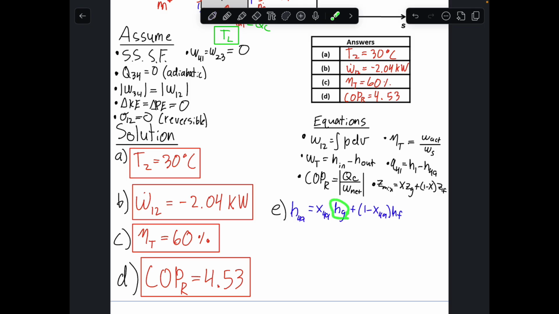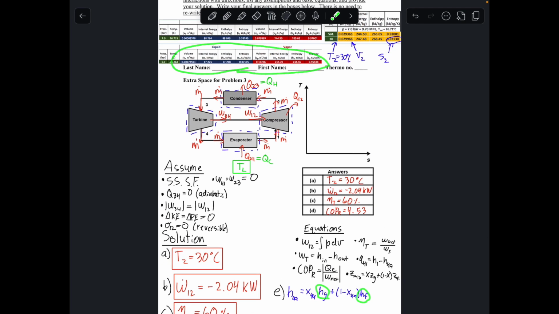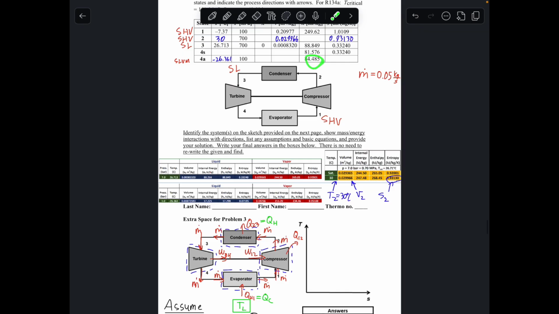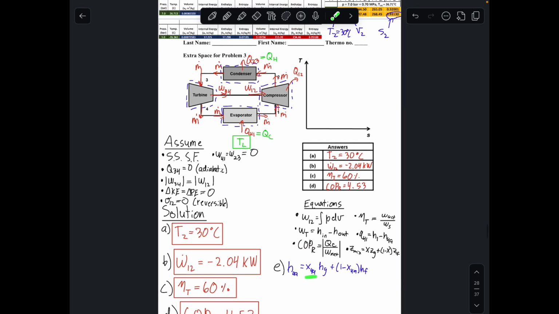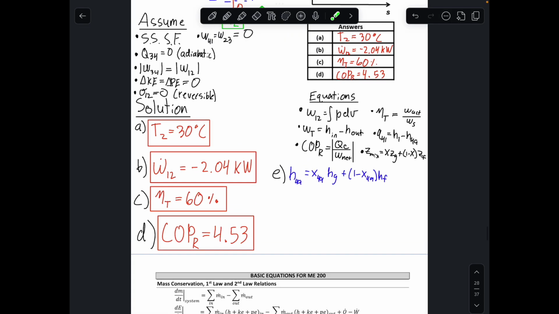So these values here are known from this table up here. And this value we have in our table above, right here. And so we have all the information we need to solve for x. And we can rearrange this equation to solve for x.